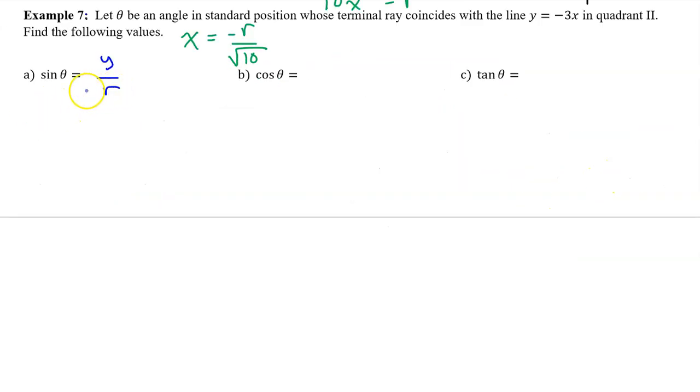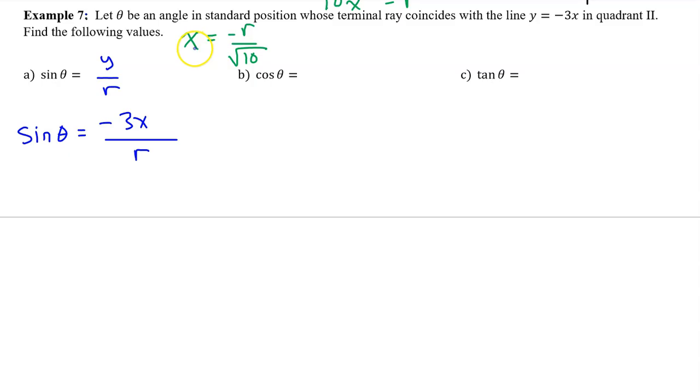The key to finding the values of sine, cosine, and tangent is that x is equal to negative r over the square root of 10. Sine theta is equal to y over r. So that means that sine theta is equal to negative 3x over r.